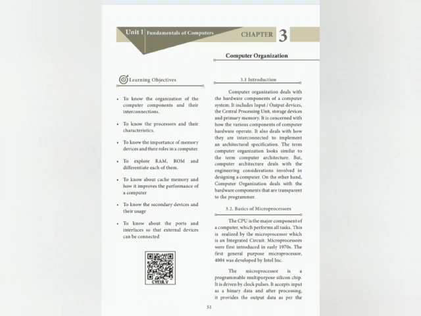Basics of microprocessor. The CPU is the major component of a computer which performs all tasks. This is realized by the microprocessor, which is an integrated circuit. Microprocessors were first introduced in the early 1970s. The first general purpose microprocessor, 4004, was developed by Intel.